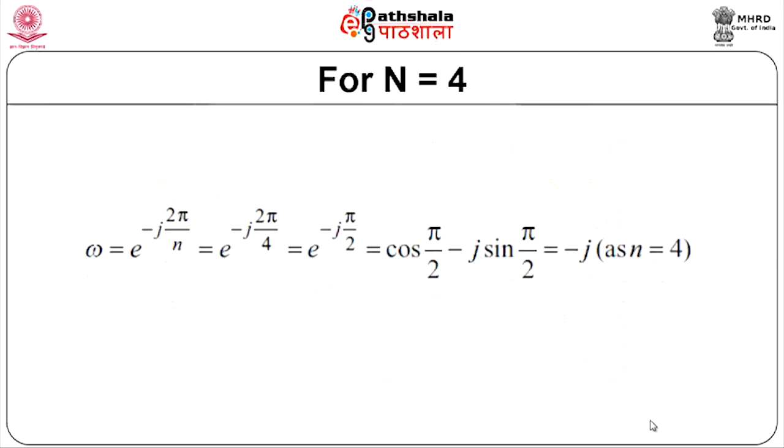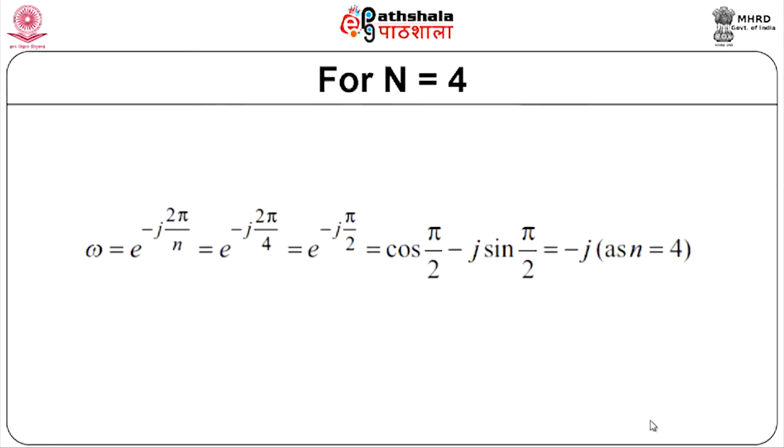Suppose let us take 4 elements. If n is equal to 4, then the question is what should be the value of omega. From the previous example, omega is nothing but e power minus j 2 pi divided by n, and n is 4. So, substitute n equal to 4 here, and you can see it comes as e power minus j pi by 2.